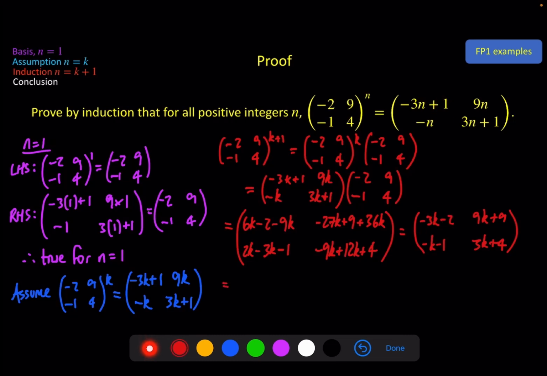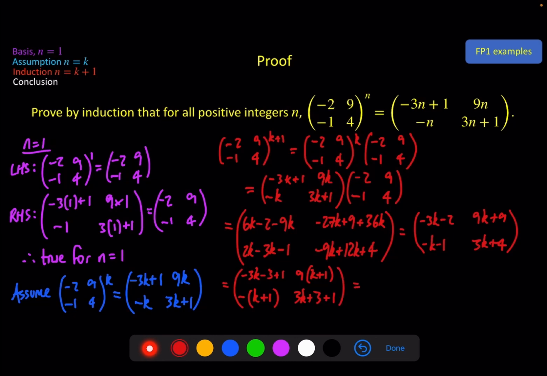So I'll just write that out really clearly here. So we've got minus 3k minus 3 plus 1. Factorize out here k plus 1 in the bracket. Factorizing the minus k plus 1 in the bracket. And then 3k plus 3 plus 1.